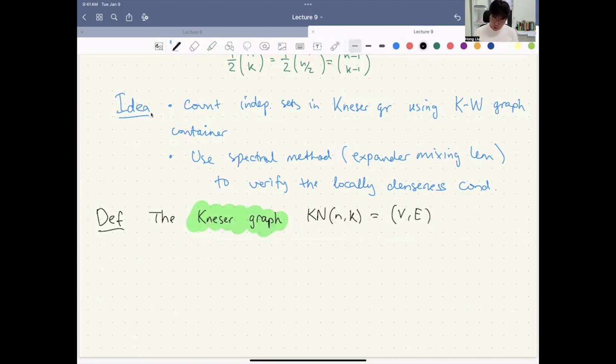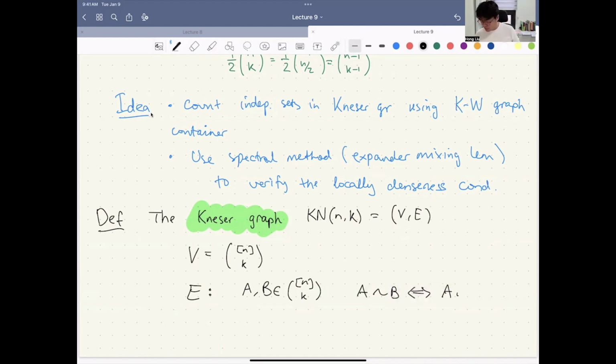The vertex set of the Kneser graph is all the size k subsets of [n]. For the edge set, two vertices, which are k-sets in [n], are adjacent in the Kneser graph if and only if they are disjoint.